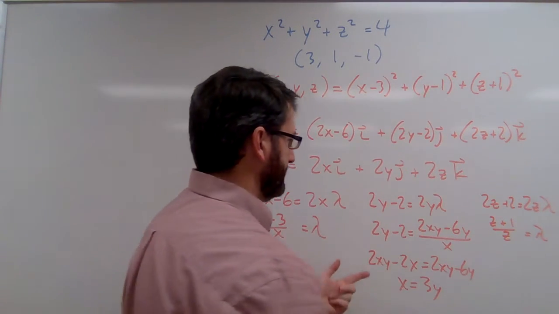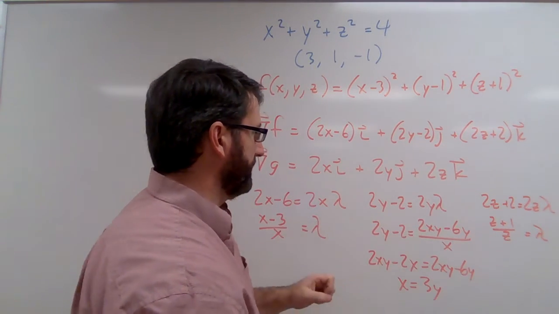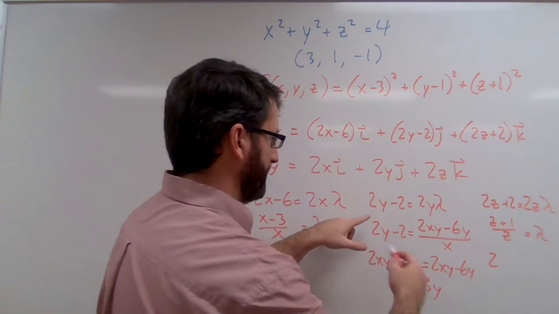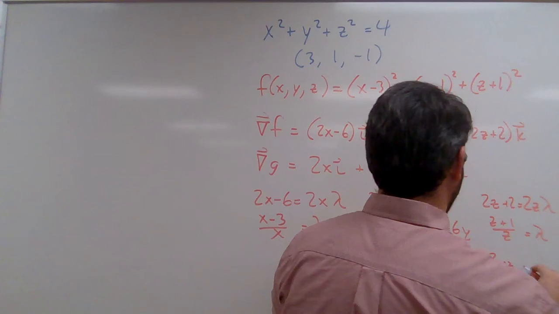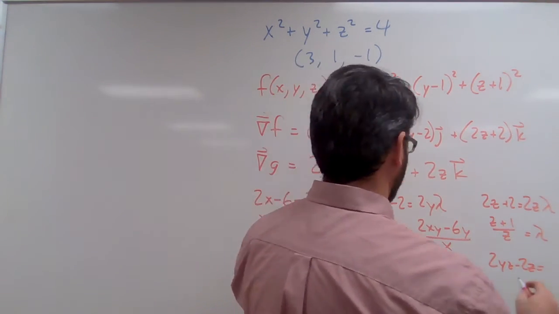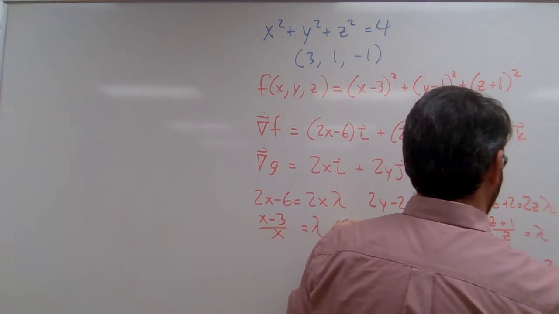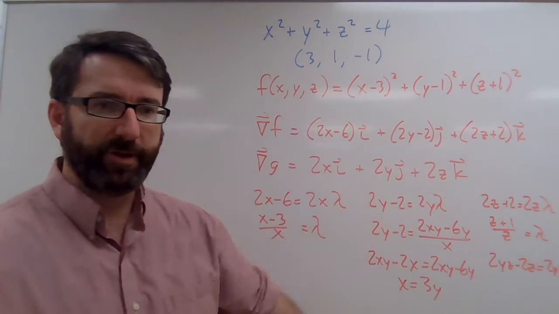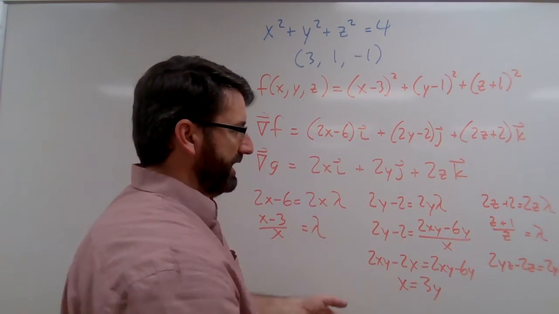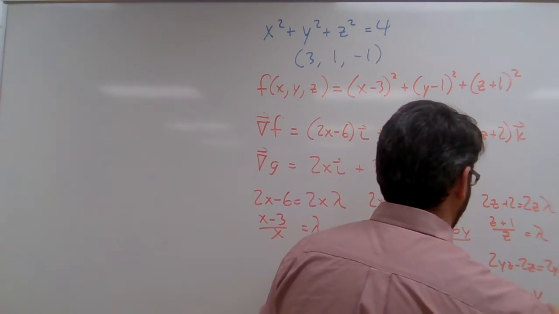And then plugging that in for lambda into this equation, we're going to multiply by z, so 2yz minus 2z is going to be equal to 2y times (z + 1), so 2yz plus 2y. And again, if we subtract 2yz from both sides, we get negative 2z equals positive 2y, so z is going to be equal to negative y.